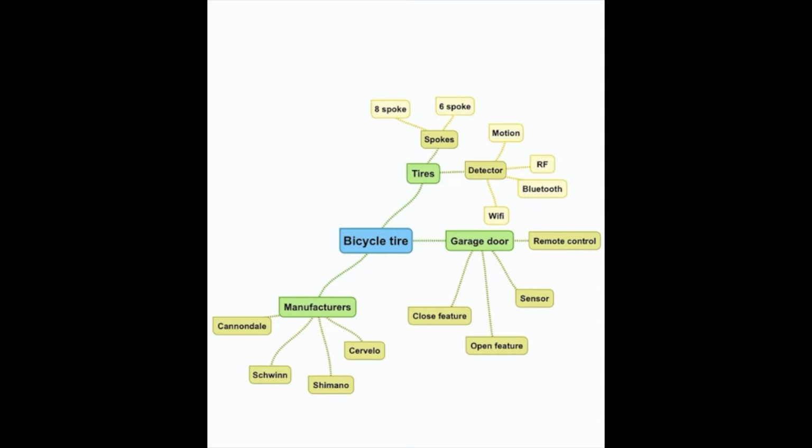If it were a process, you would look to hash out all the different steps of the process. And you would ask, what is the invention made of? What is the physical composition? And so I could have added metal, rubber, the different types of things that could be added to the brainstorm as well.